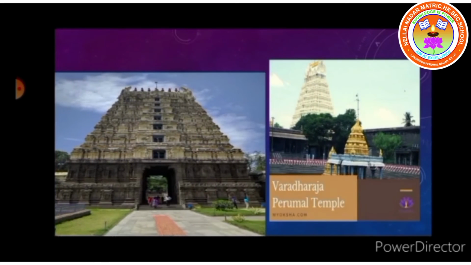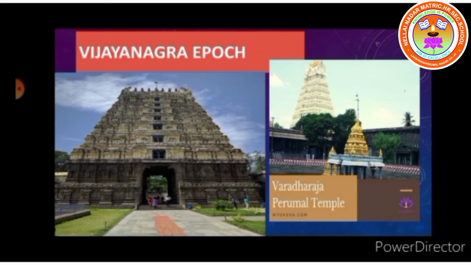Next, let us see Vijayanagara epoch. During the Vijayanagara period, a new form of construction emerged. It is the Mandapam, to where the gods are carried every year. Pillared outdoor mandapams are meant for public rituals.